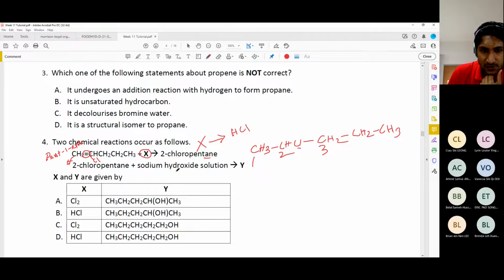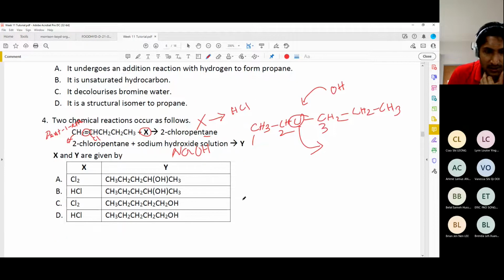And if we add sodium hydroxide, it will be a substitution reaction. This chlorine will go out and this hydroxyl will replace the chlorine. So it will be 2-hydroxypentane. 2-hydroxypentane is this one.